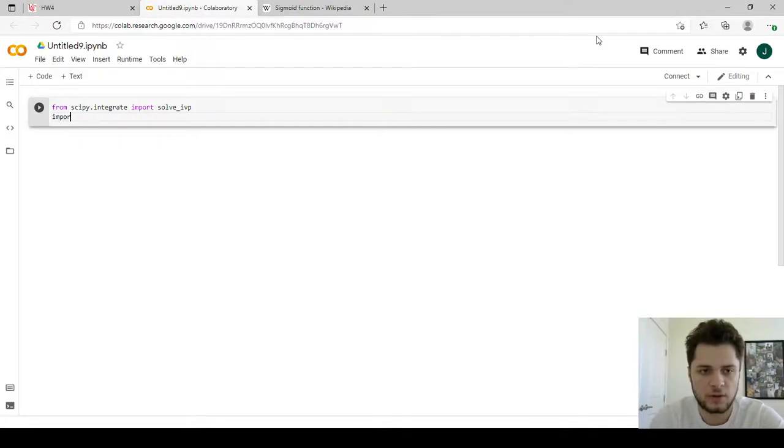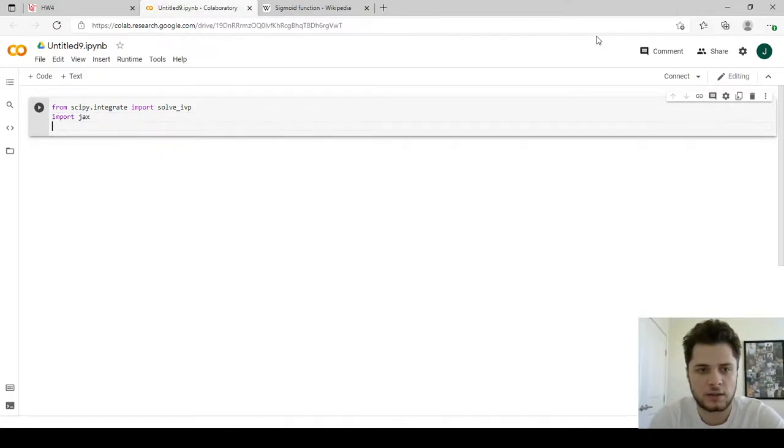And then I'm also going to want to import JAX, which is Google's machine learning program they wrote. And from that, I want to import jax.numpy. I'll abbreviate that as JNP. That's going to help me do some of these calculations. It'll just give me access to square roots, absolute values, things like that.